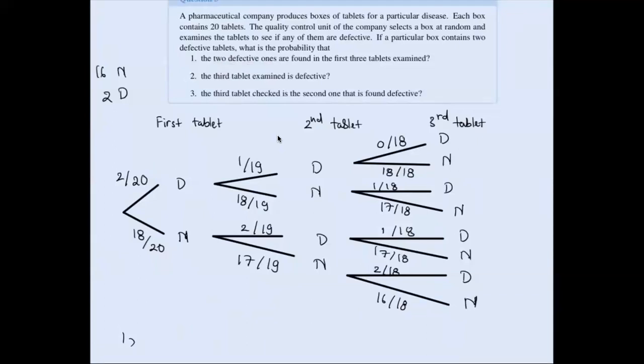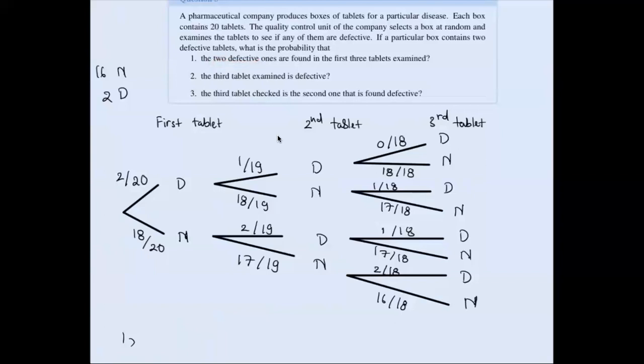So if we look at it, each of the paths represents one outcome. For example, this path here represents all 3 tablets being defective. And this path represents that the first tablet is defective, the second is defective, and the third is non-defective. So we are interested in the paths such that we have 2 defectives found.